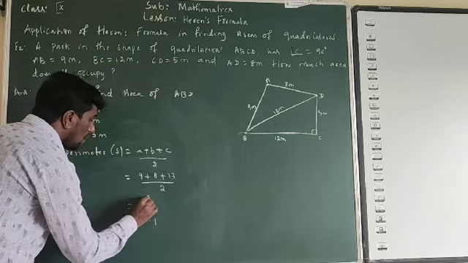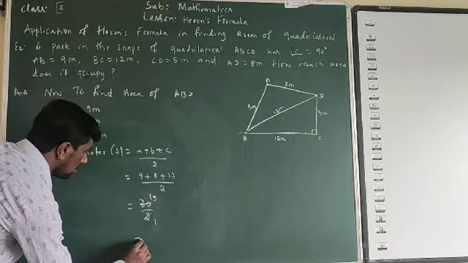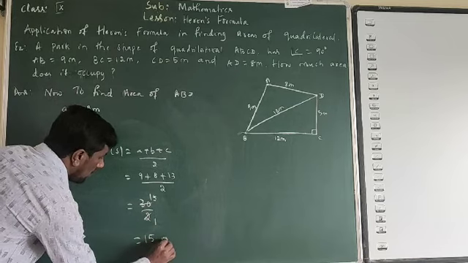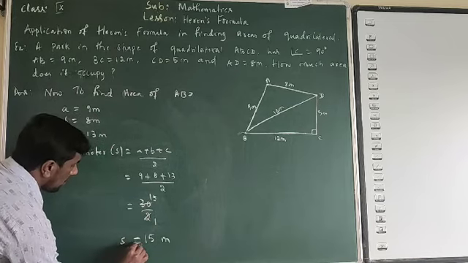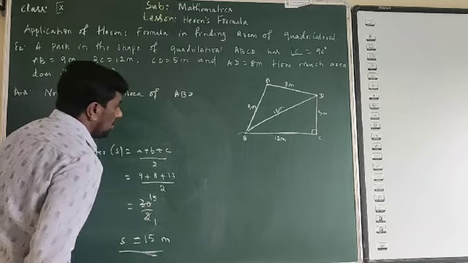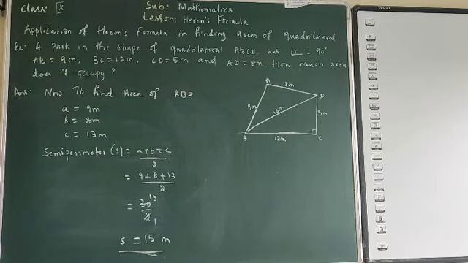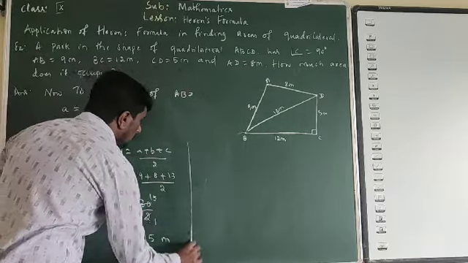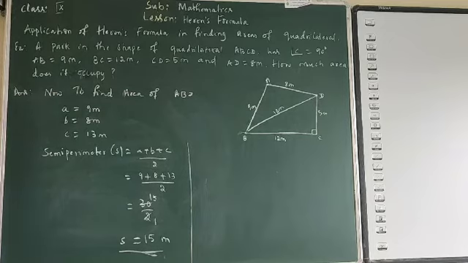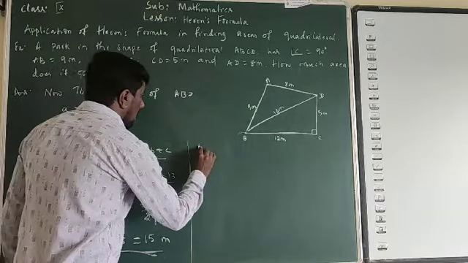So 2 fifteens are 30. So s is equal to 15 meter. Okay, s is equal to 15 meter. Now we find out the area. s is equal to 15 meter.